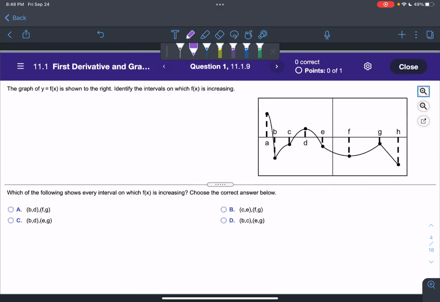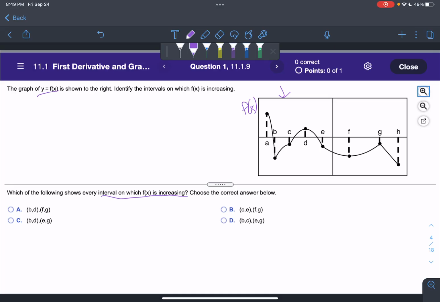All right, so another one, this is a conceptual question. We have this function here in this box, and we want to know which is the interval in which f is increasing. This is the graph of f of x. We just want to look at when it's increasing from left to right, that means that it's going up.